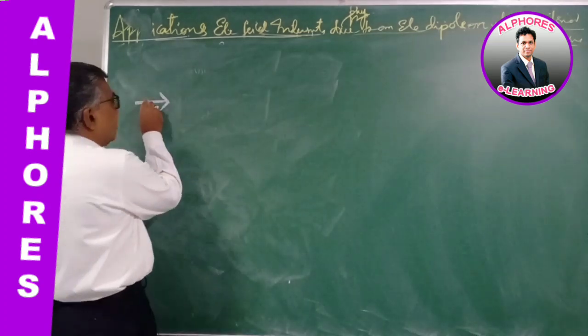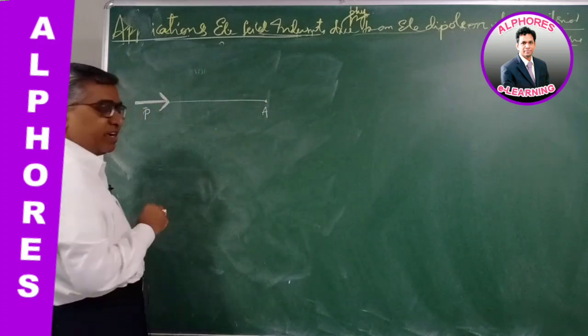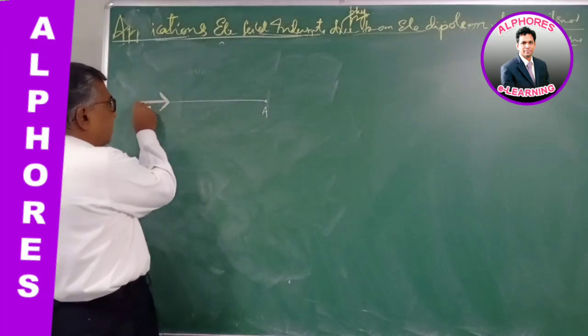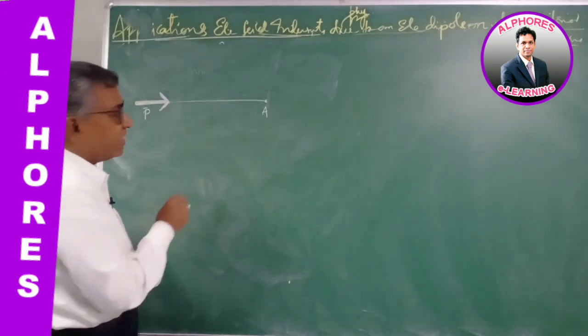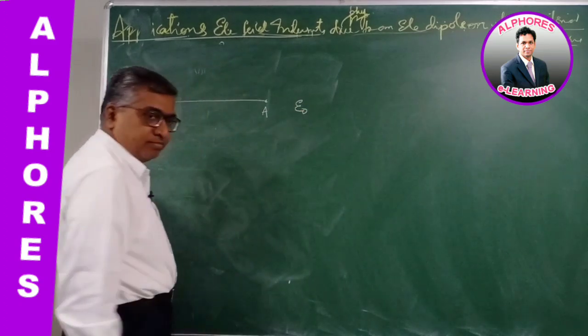At a point on the axial line, somewhere here, let's say point A, of the short electric dipole of dipole moment P, the electric field intensity is, let's say, E naught.